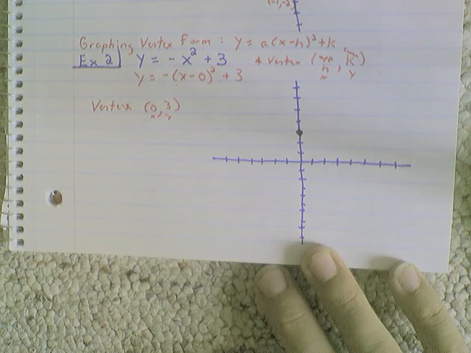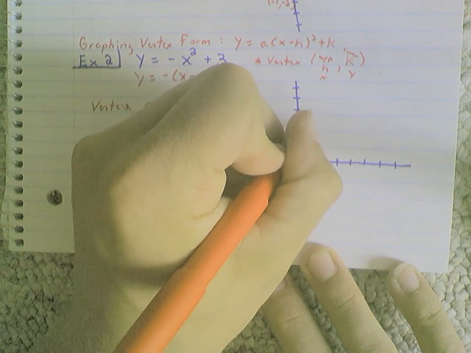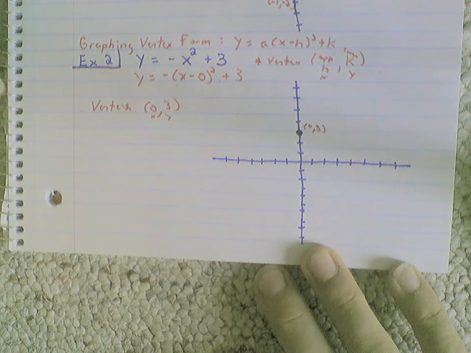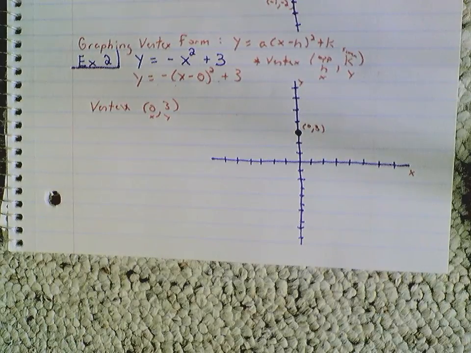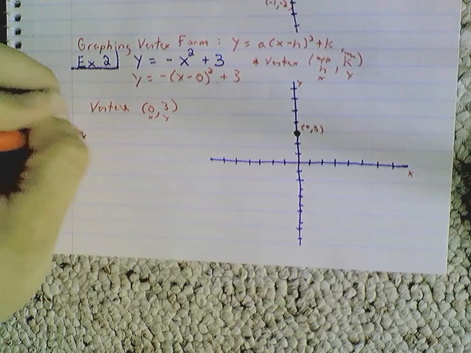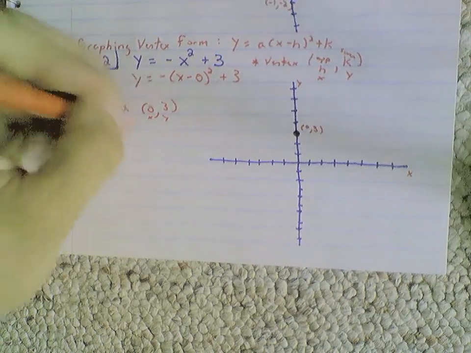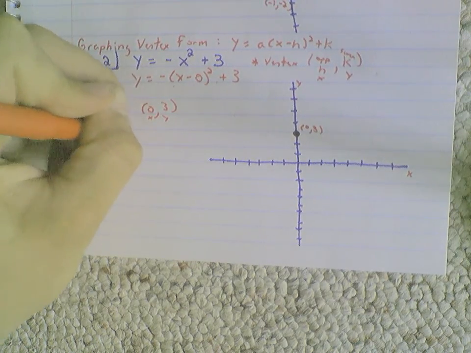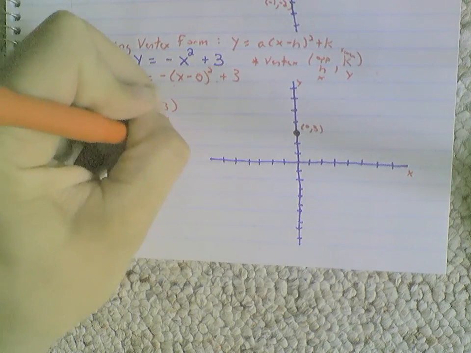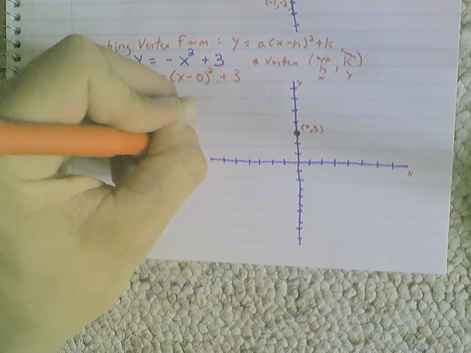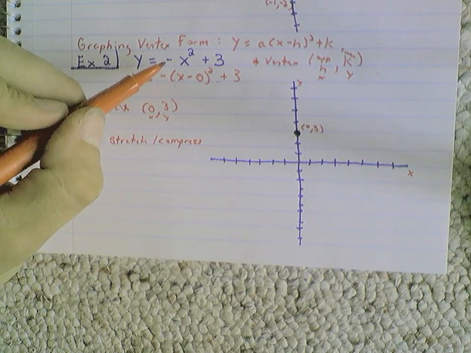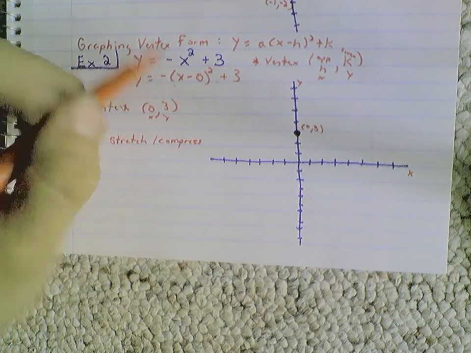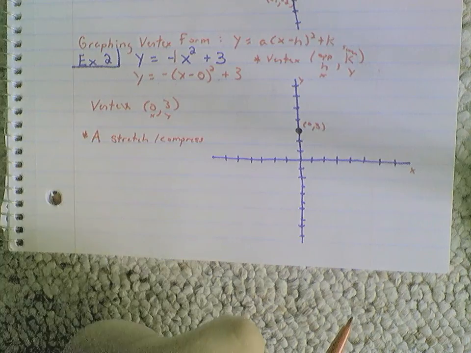Okay, so I have a point, and it's my vertex at 0, 3 on my graph. Should label my axes x and y. Now, once again, if you recall, we always use the a value to find the stretch or the compression of our next 2 points. So for example, if I look back up at my original equation, I have a negative 1 as an a.